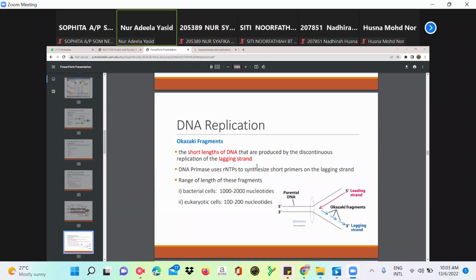So these are the range of lengths of this fragment. In bacterial cells, it's up to 2000 nucleotides. In eukaryotes it is much shorter compared to bacterial cells, sometimes only up to 200 nucleotides, because in eukaryotic cells the system is very complicated.